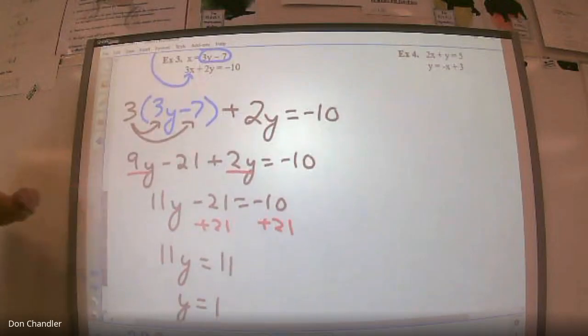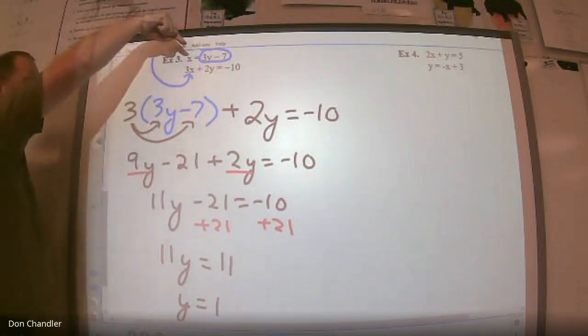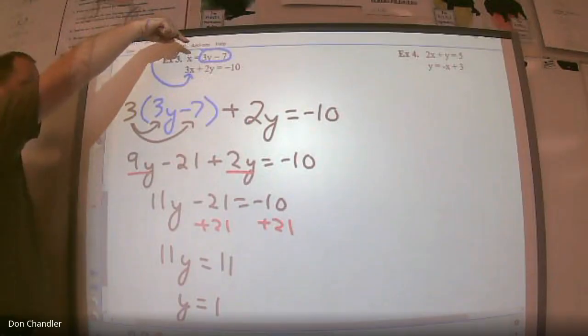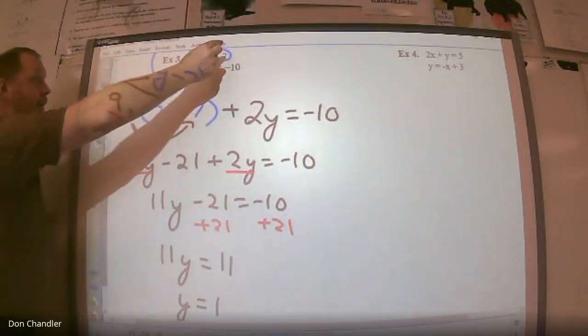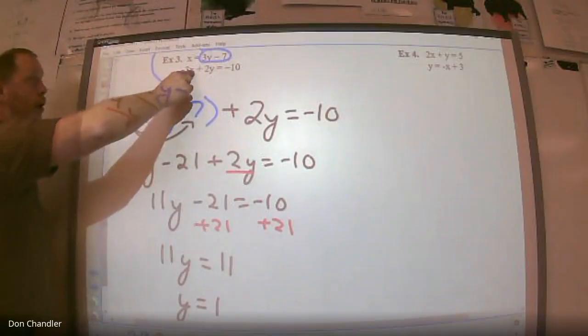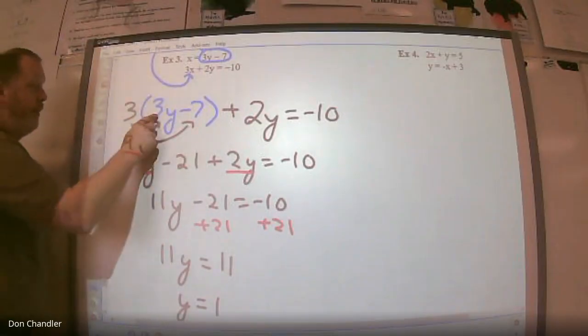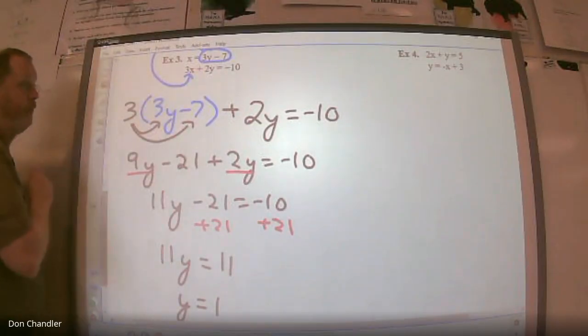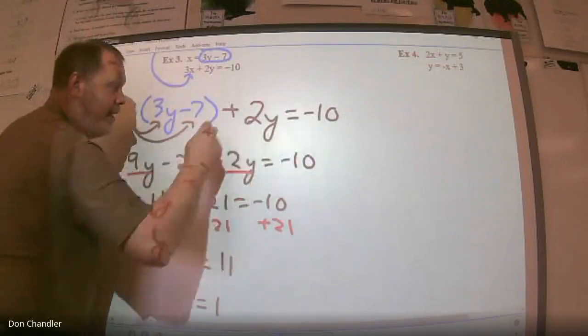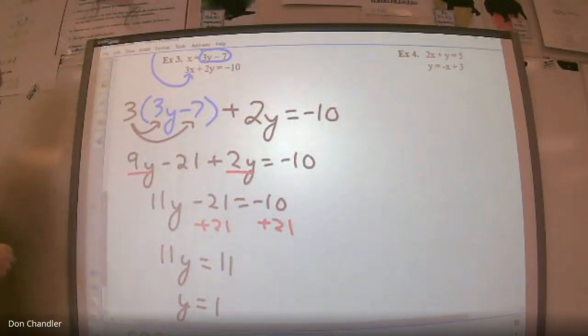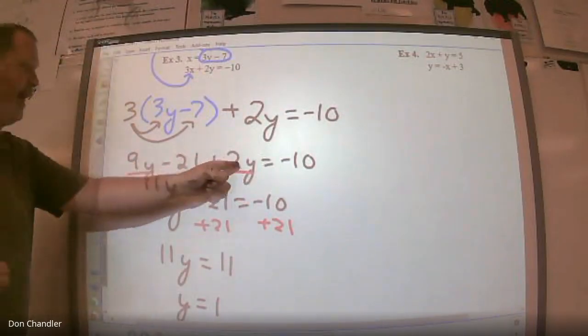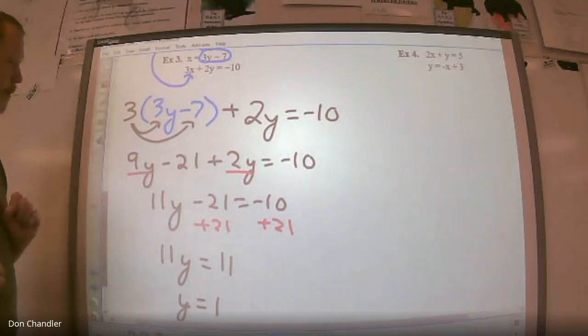Now I will pause and refresh what I just did. Equation 1 was already x equals. Somebody has to be x equals or y equals. The 3y minus 7 substituted in to this x, so it's 3 times 3y minus 7 plus 2y is equal to negative 10. Now, 9y and 2y is 11y's.